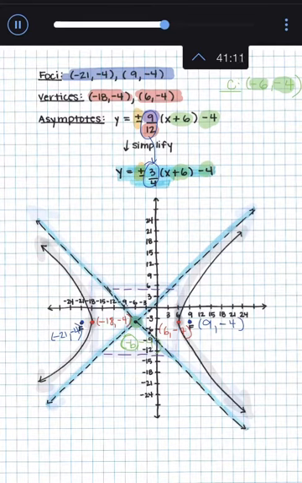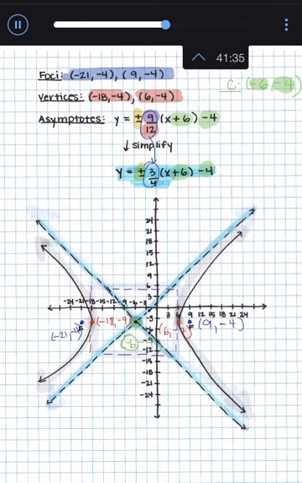And doing the left-right part for the rest of the box would have to do with going left and right by 12. From where you were, the center was at negative 6, so that would take you all the way out to the negative 18 and the positive 6 where your vertices are.